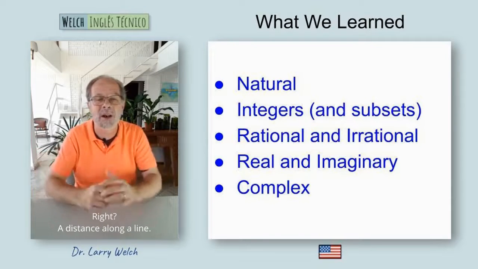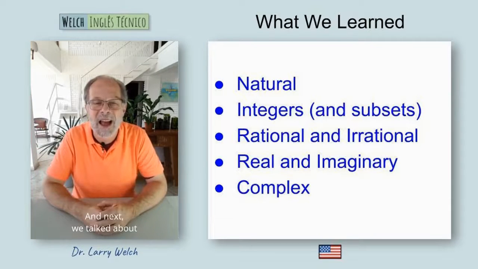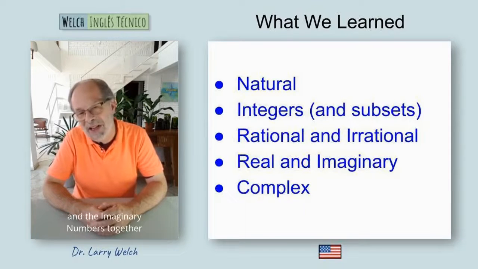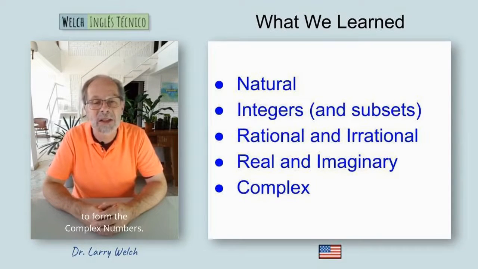A distance along a line. And next, we talked about the imaginary numbers using the square roots of -1. Finally, we used both the real numbers and the imaginary numbers together to form the complex numbers.